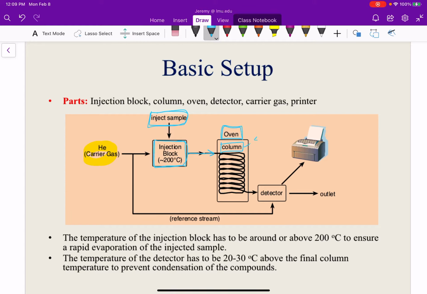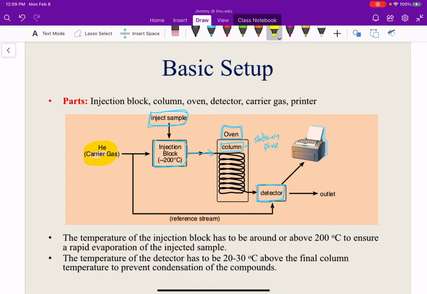Again, our column is our stationary phase, and that's what retains the compound as we go through. And then your compounds come out through a detector, right? So the detector will detect your compounds, and then we're given information of retention times and peaks, okay? So this is the basic setup that we have: an injection block, a column in an oven, and a detector.